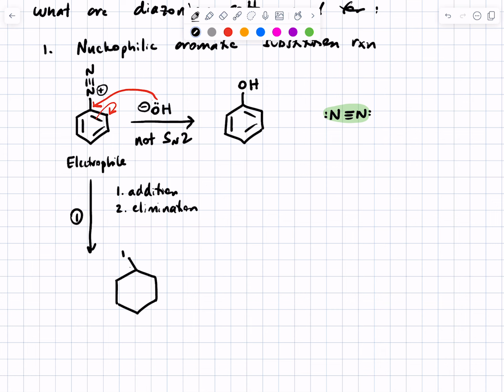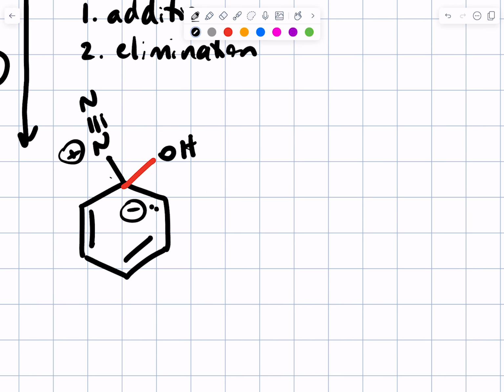Here's the nitrogen leaving group. Here's the new bond to oxygen that we just made. And here is a negative charge on that adjacent carbon. And hopefully you should be able to see how that negative charge is stabilized by resonance at each of those 3 locations.